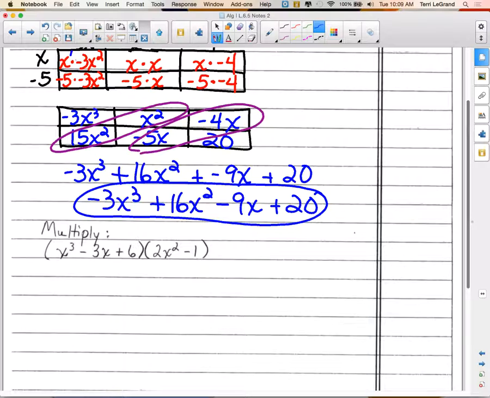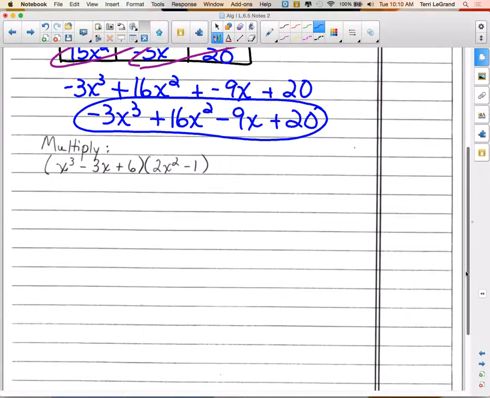Now, do you think you could be successful with this problem? You have maybe a strategy to use. Okay, I want you to get the next one set up. I want you to show the work rectangle only.